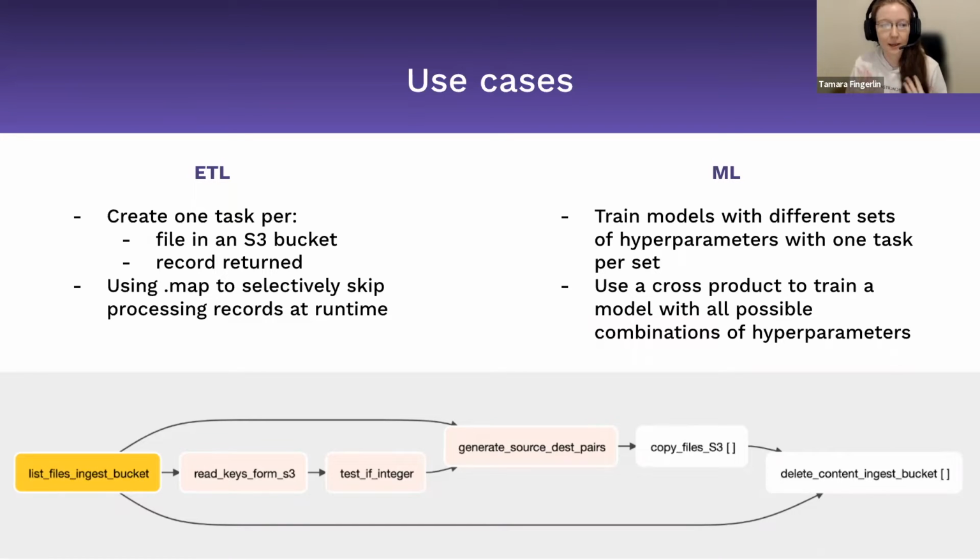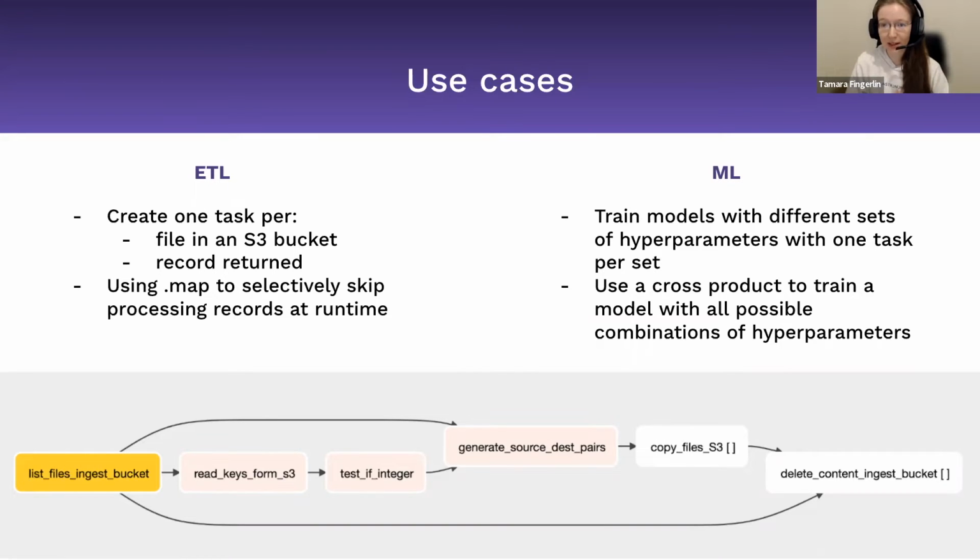It lists files in an ingest bucket, reads their contents, looks at whether the content is an integer, then it generates source destination pairs, and the copy files as free task and the delete content ingest bucket task are both dynamically mapped tasks. So how many mapped instances of those tasks will run depends on how many files are in the original bucket, which can change every time the DAG is run.